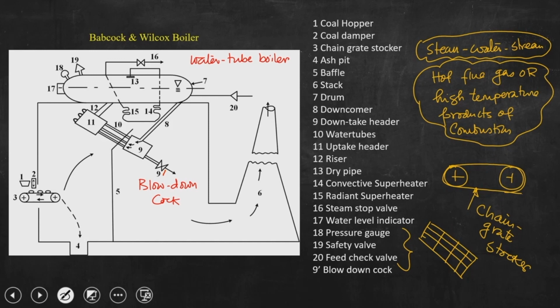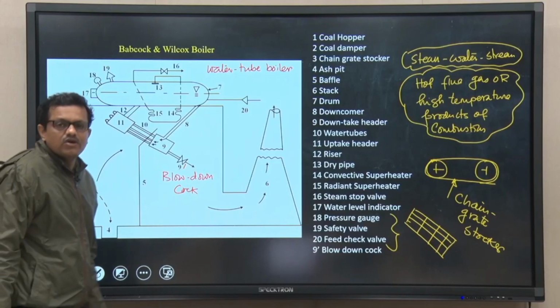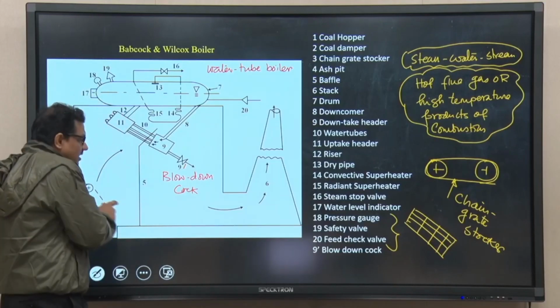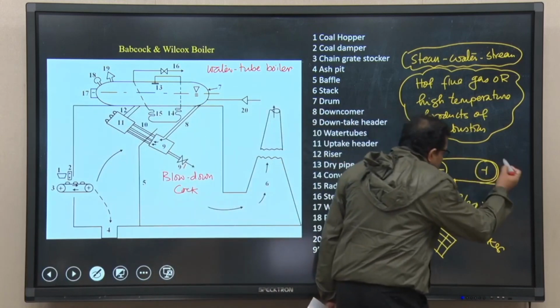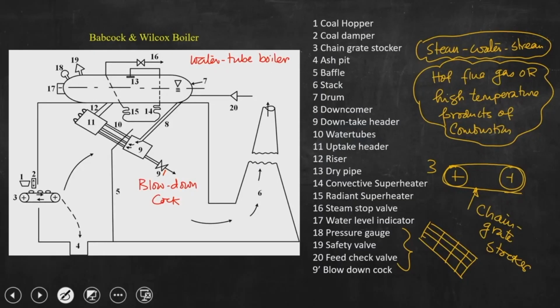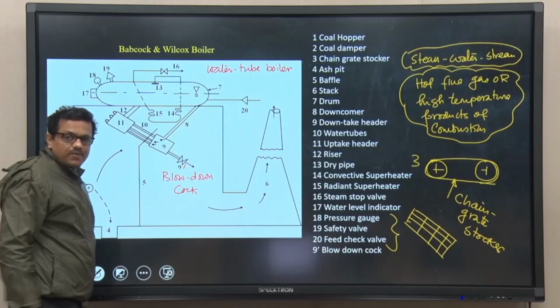Now, as we are going to stock coal using the coal hopper and damper on this chain grate stoker, this perforation is very important to have efficient combustion, right. We need to have oxygen, otherwise combustion will not sustain. So, when the chain grate stoker is moving from 3 towards the inner end of the chain grate, entire combustion should be completed.